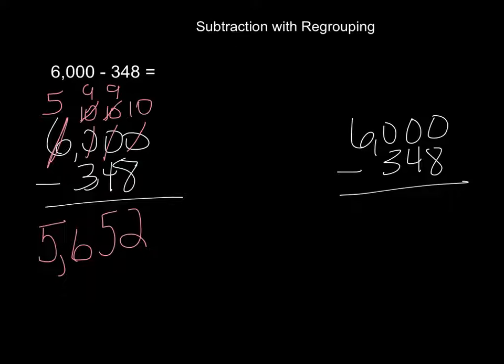Another way would be if we wanted to break this apart all at once. So here's how that would look. I have 6,000, and again, I know I'm going to have to redistribute or regroup that value to be able to subtract 348, so that we can see the subtraction on paper. So what I'm going to do is just redistribute it right from the get-go. I know I'm taking 1,000 away here, so that leaves me with 5,000.